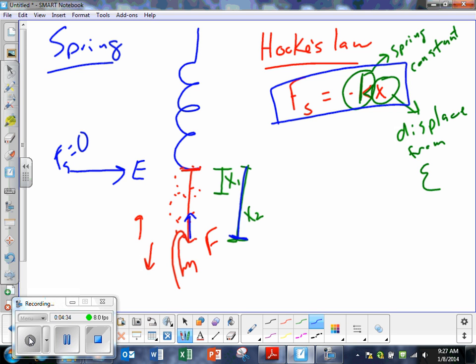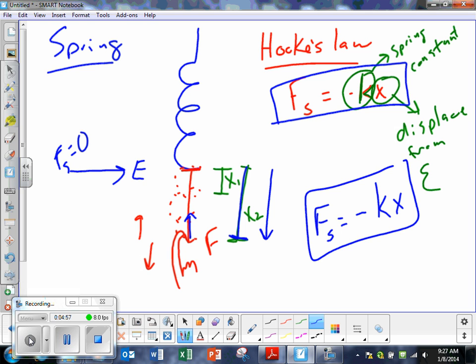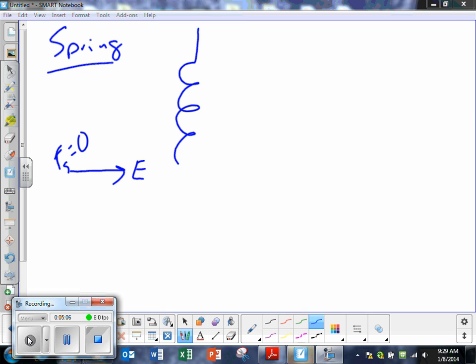The force is upward. The displacement, though, is downward. So this force is going to be in the opposite direction of the displacement. And that's why they put that in there. So the force of a spring is always going to be opposite of the way it's displaced. If I push up on the spring, then the force of the spring would be in the downward direction.